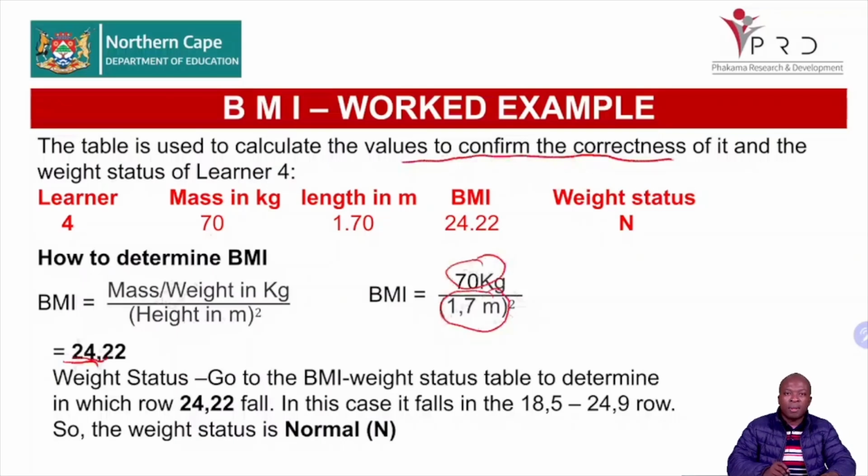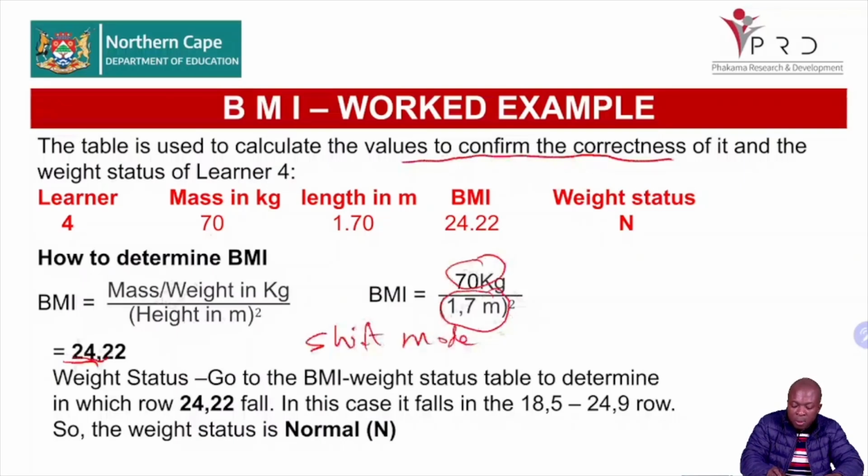24.22. If you are using a Casio calculator, you will see that there are so many decimal places. You can actually press Shift Mode 6 2. If you press Shift Mode 6 2, it is going to cut everything to only 2 decimal places. All right. So now we know that this learner is 24.22.